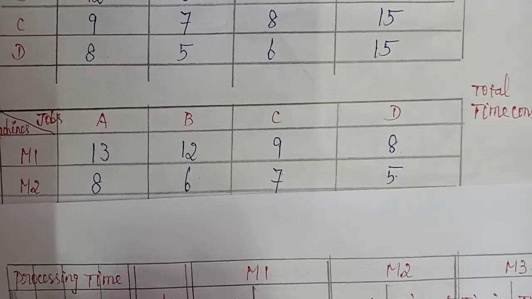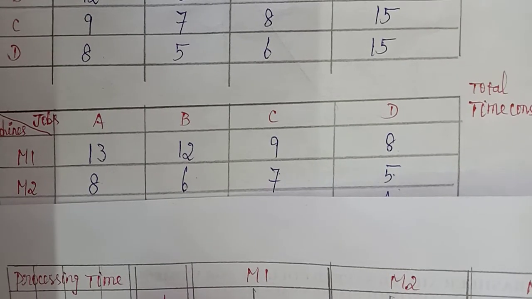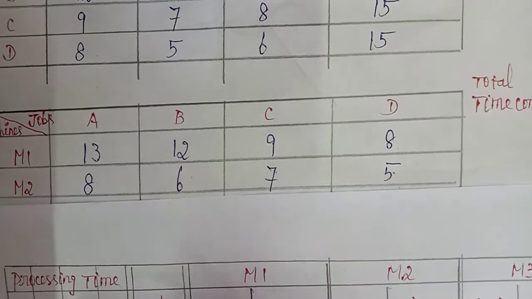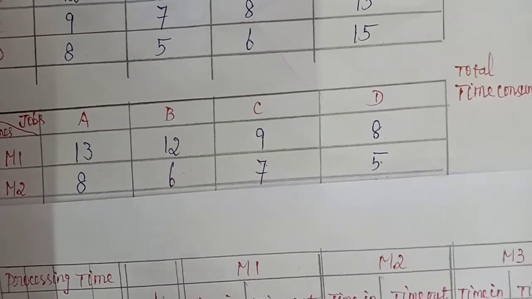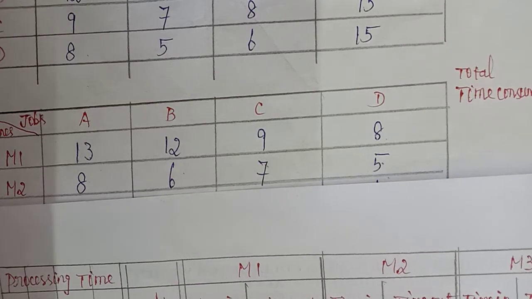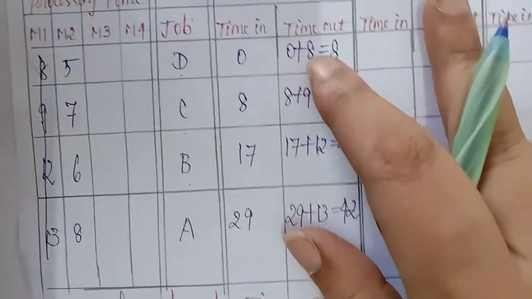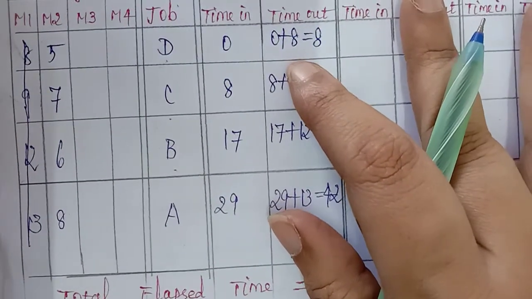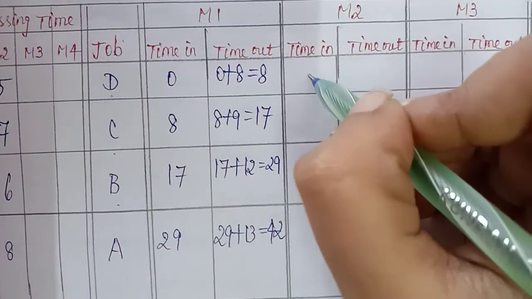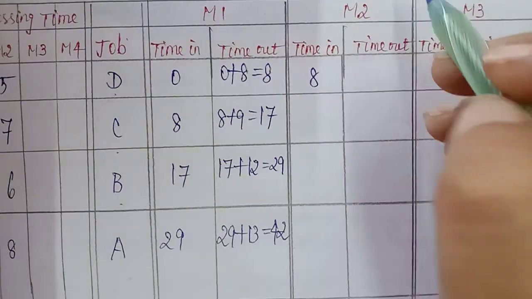So you have to write, after M1 calculation you strike these values. You write 5, 7, 6, 8. Okay, 5, 7, 6, 8.